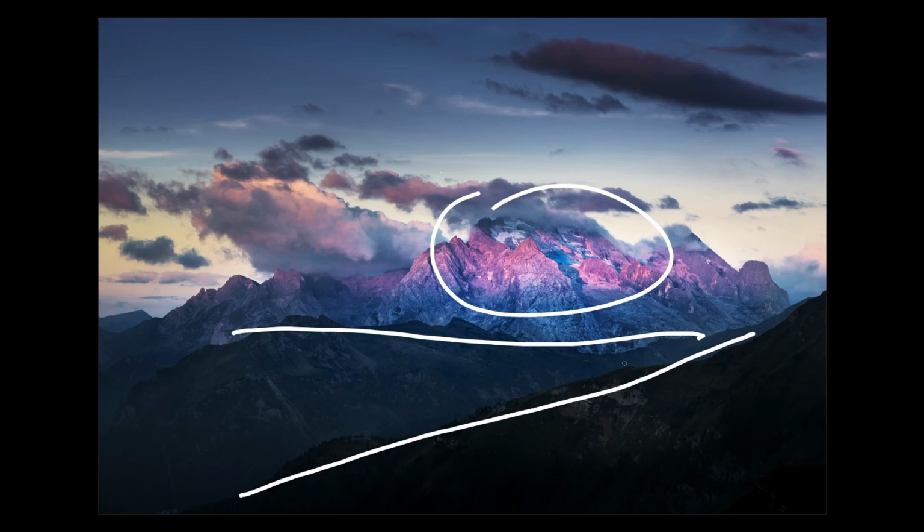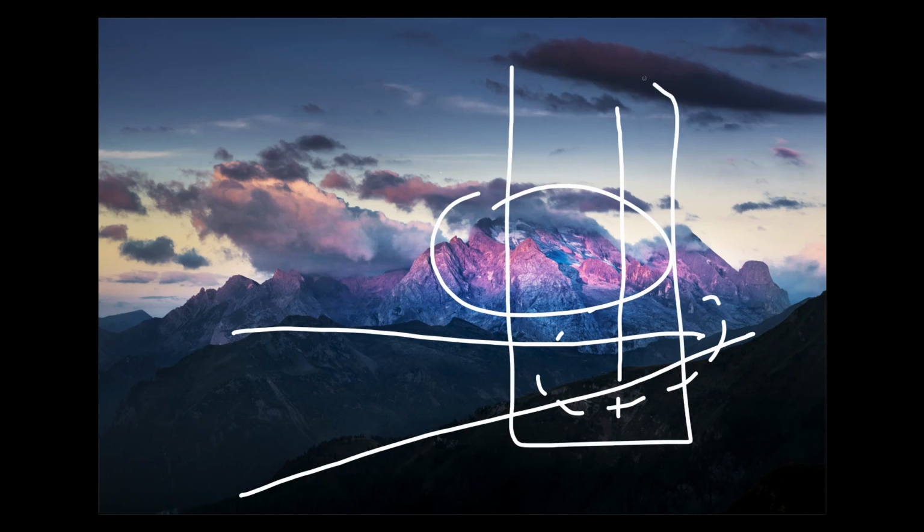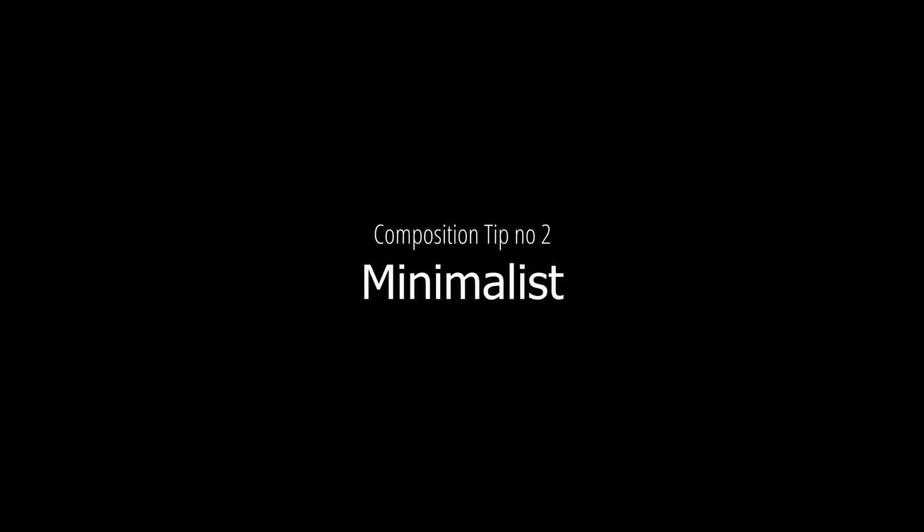I found out that if two lines are intersecting at some point or they are becoming really close to each other, this is the power area. This is the area where, if I draw an imaginary vertical, I should place the subject. Now I know it's a funny diagram, but if you followed along the explanation, it makes sense.